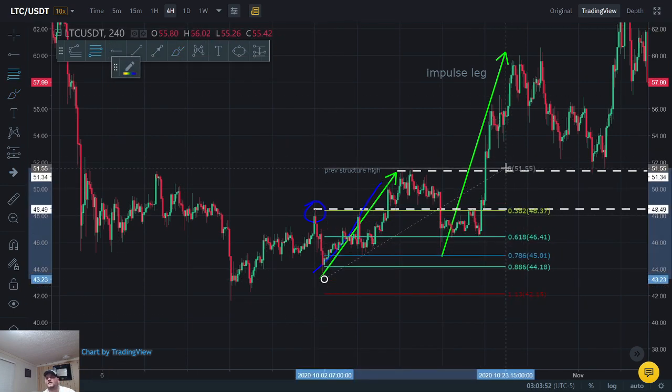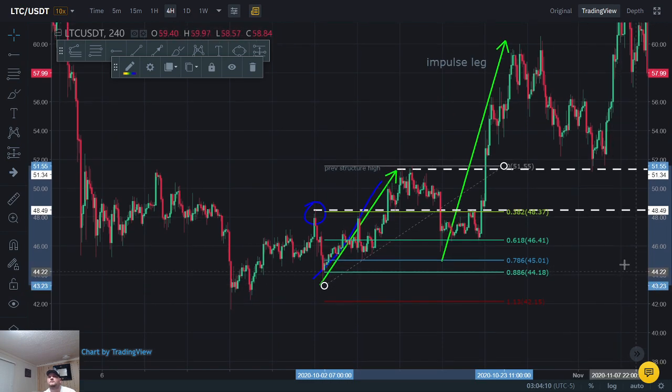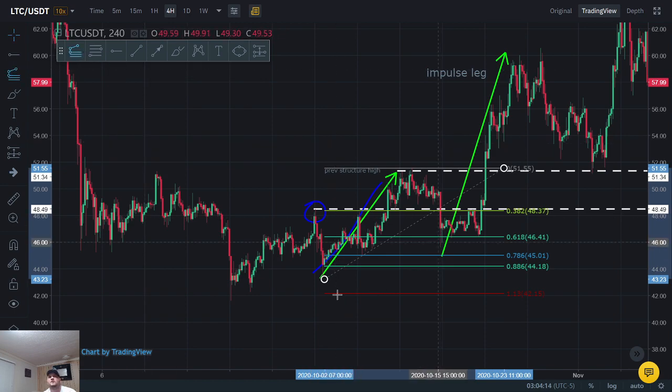Where does price pull back to? You'd pull your Fibonacci from here, $43 to $51. You can see it pull back to the 61.8 and price exploded. Right? So we would be looking for extensions up.